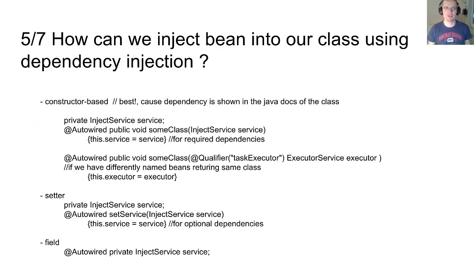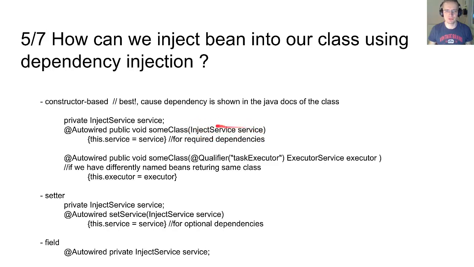Fourth question, how can we inject a bean into our class using dependency injection? We have three methods here: constructor based, setter based, and field based. Which one should I use? The best one is constructor based, for the required dependencies. We have an example here where we have some class constructor and we want to inject into this constructor some inject service.